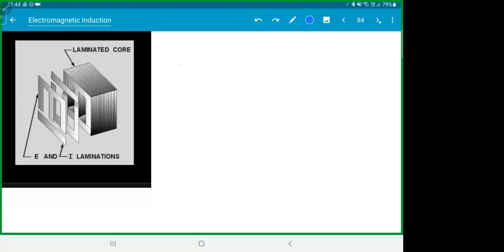So by constructing the systems with thin, laminated sheets, you can reduce the eddy currents because currents will flow only in the thin sheet. You reduce the resistance between these thin laminated sheets.